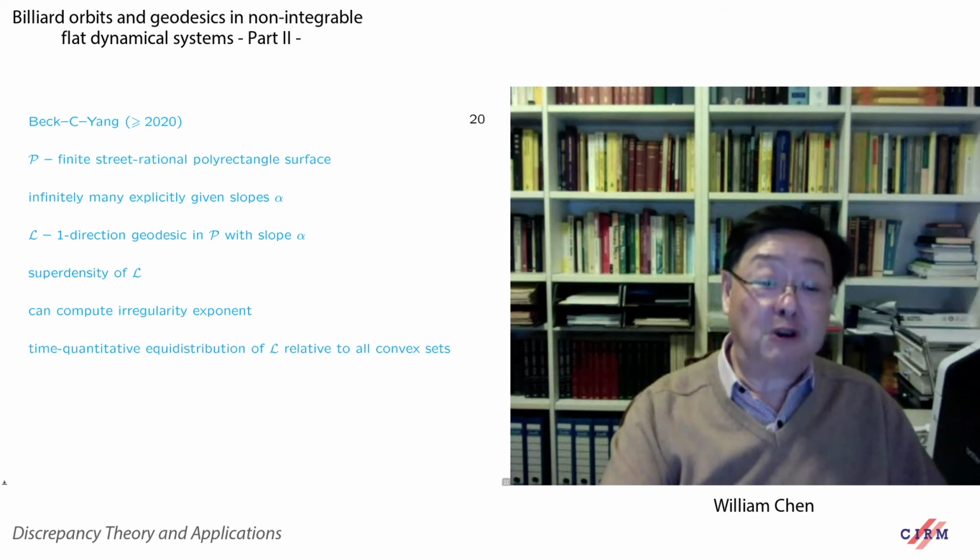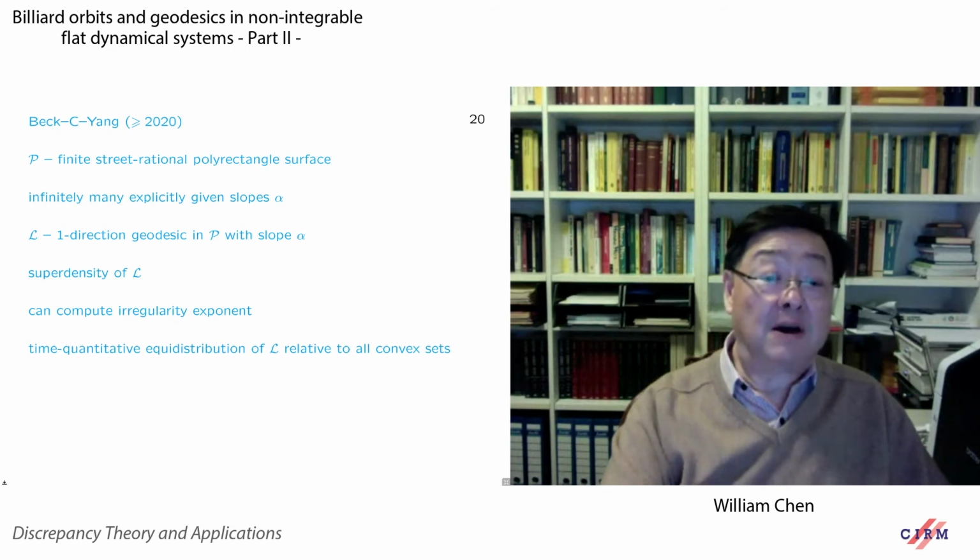Secondly, we can compute the irregularity exponent. And using the irregularity exponent, we can give time quantitative equidistribution of the geodesic relative to all convex sets. Here, I haven't written down the details.